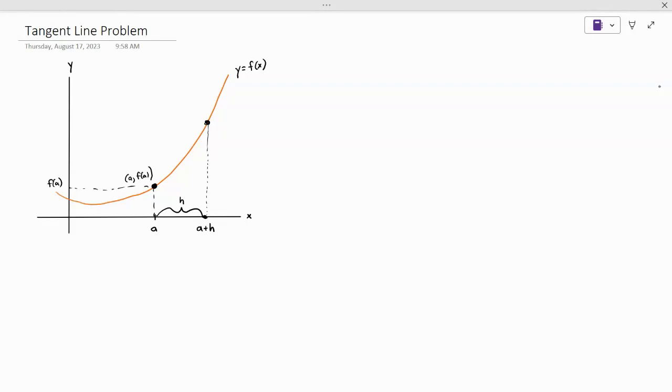And if you plug that value of x, A plus H, into your function, you'll get the corresponding y value. So this point on the graph is, well, x is A plus H, y is f at A plus H.